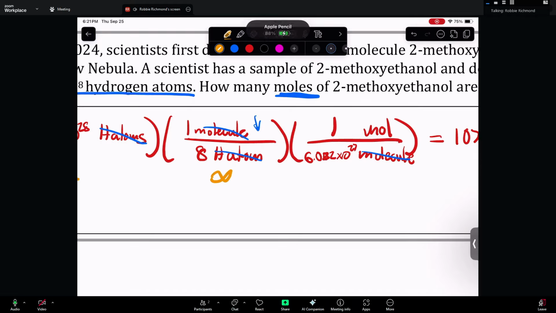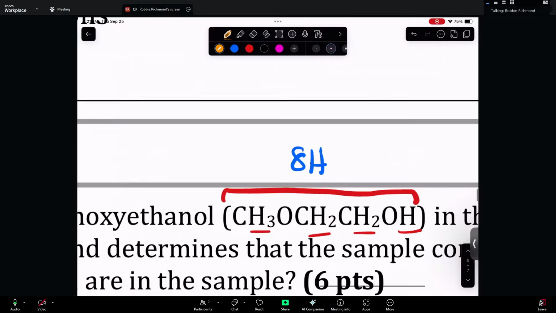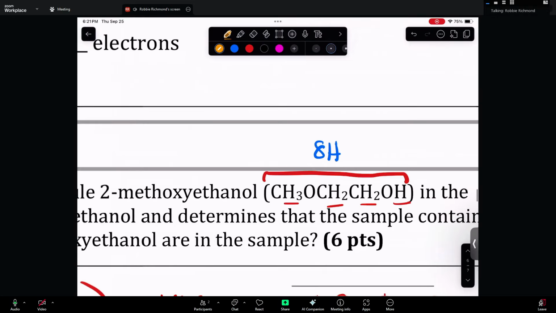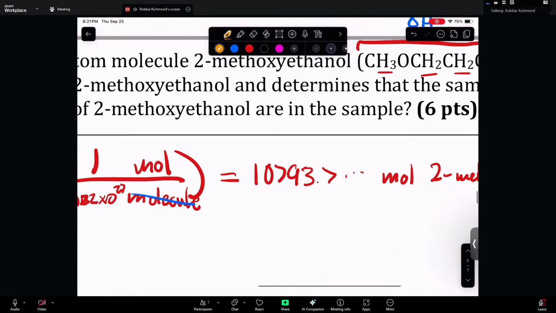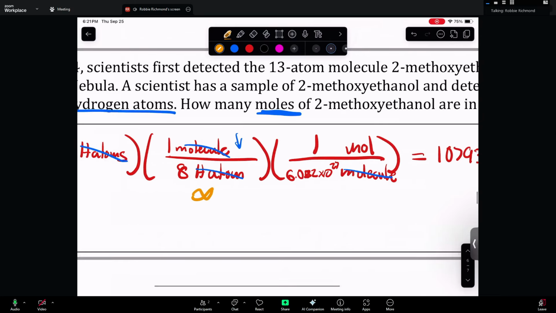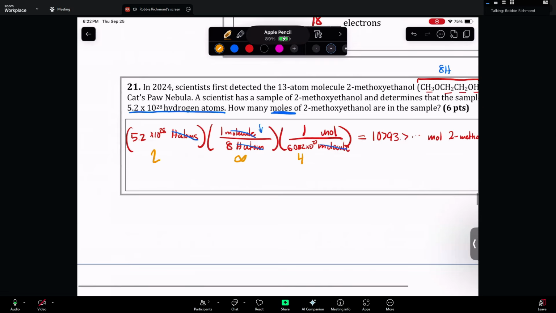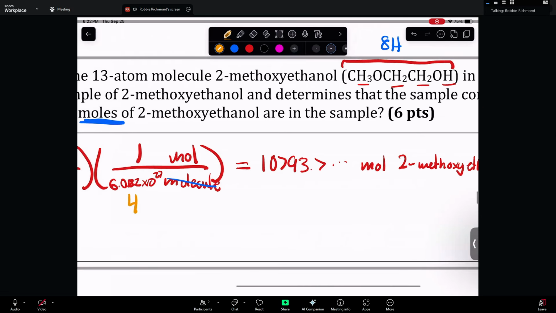And the reasoning is, by definition, we're going to have 8 hydrogens within 2-methoxyethanol per that formula. Every single time, there's no uncertainty there. Now, for Avogadro's number, that is 4 sig figs right there. And by the rules of multiplication and division, we would round our answer to 2 sig figs.